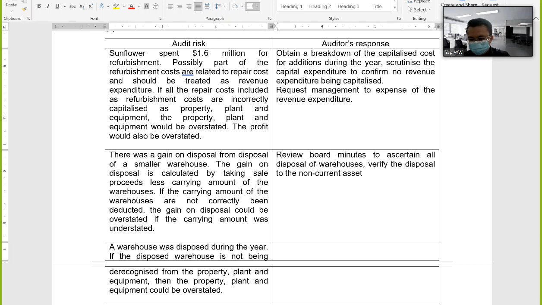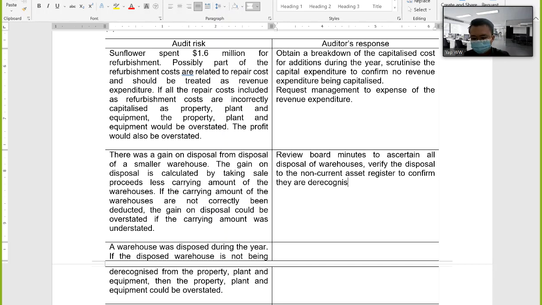So you verify to this non-current asset register, you will expect to see that they are being removed. Okay, they are being removed from the non-current asset register with the correct carrying amount. So verify the disposal to the non-current asset register, confirm they are okay.